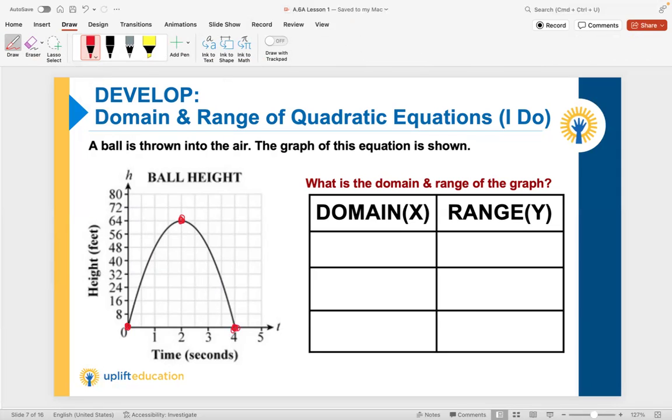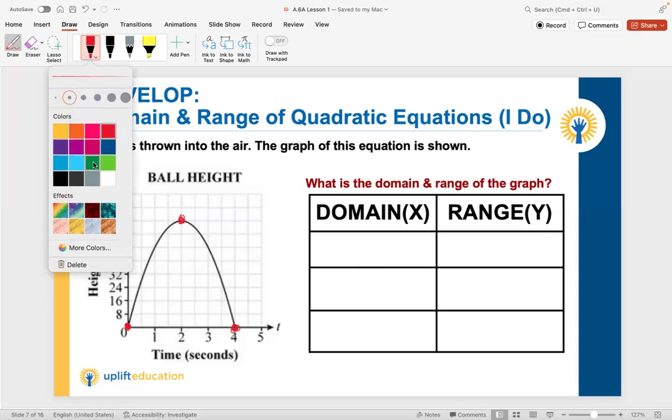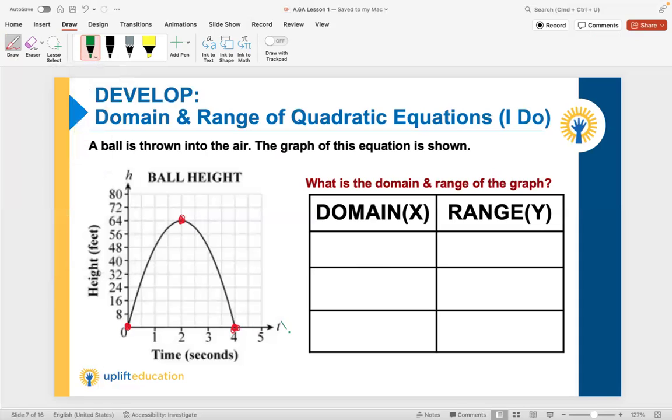Now, if I'm just going off the domain, it's the x-axis. And I will do the domain here in green. So remember the domain is the x-axis. If I'm only paying attention to what's going on the x-axis, I can see where I started and where I finished. I started at 0 and I stopped at 4.